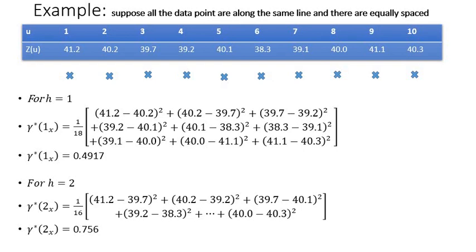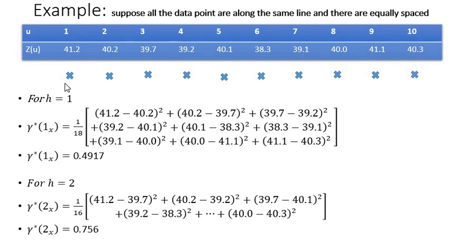Right, so suppose you have all the data points along the same line and they are equally spaced. In our example we have 10 points, so this is 1, 2 up to 10, and these are the measurements at each one of those points.